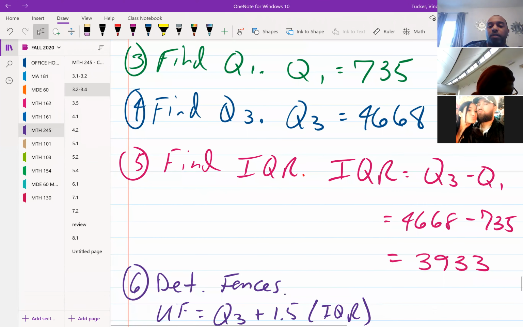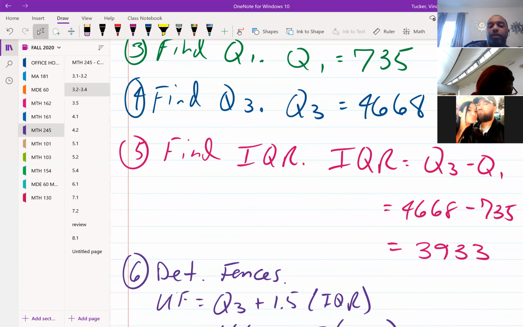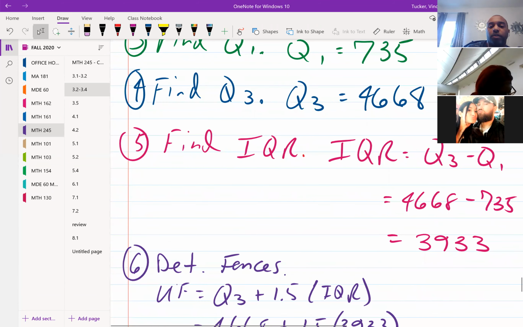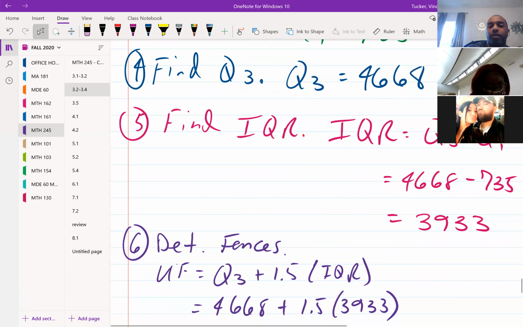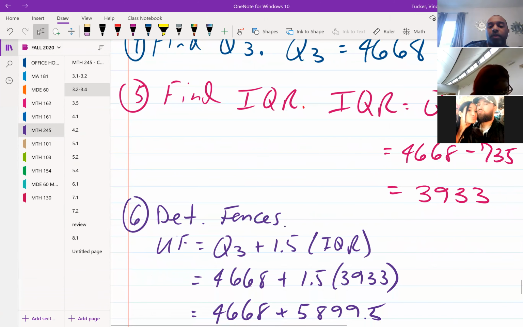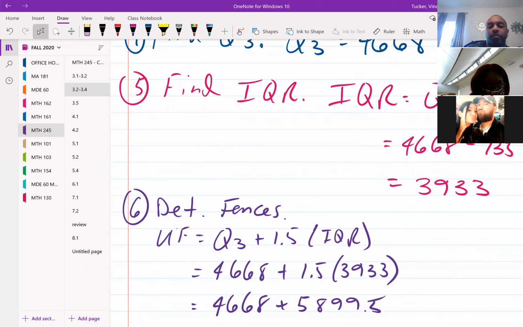Step 6, determine your fences. So we have the upper fence and lower fence. To calculate the upper fence, you do Q3 plus 1.5 times the IQR. 1.5 is just a part of your formulation. That's where it came from. There's nothing for you to find. 1.5 is a part of the process.